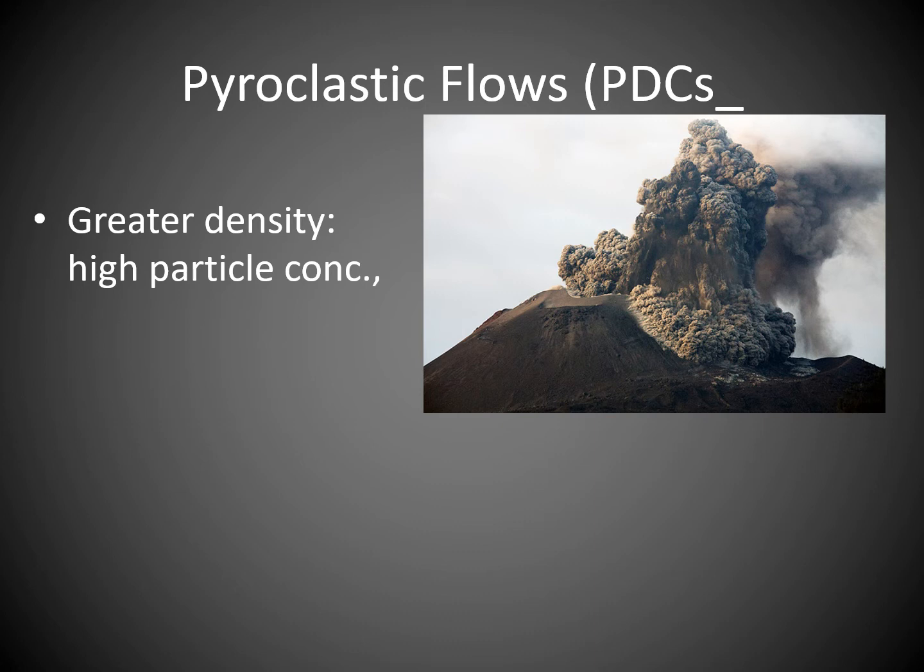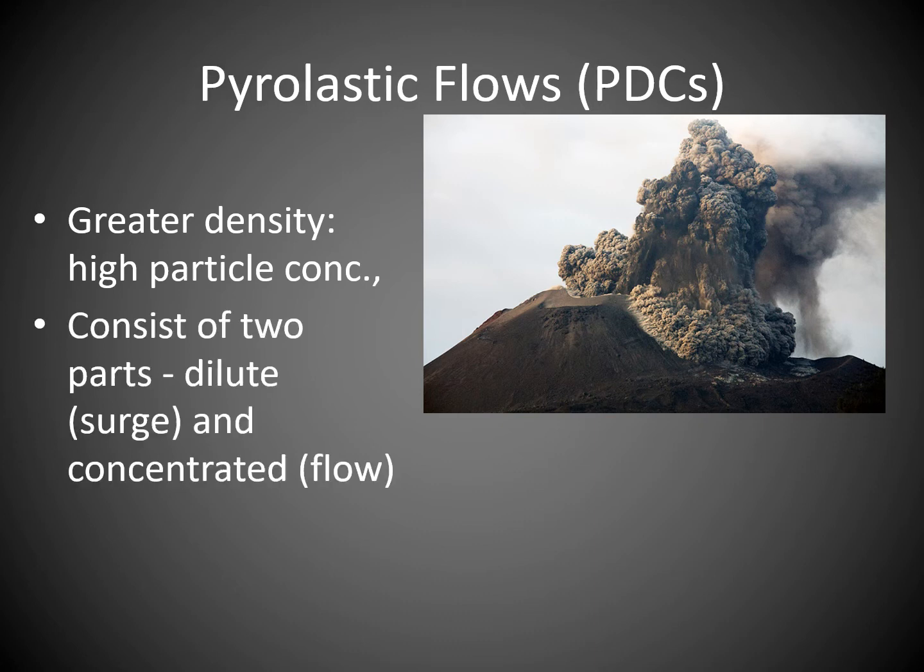And it has a basal avalanche that you really don't see in this. And then it has a less dense, we call this the surge, that's not as dense, and that's the actual cloud that you see there. So you usually just see the surge part of a pyroclastic flow.